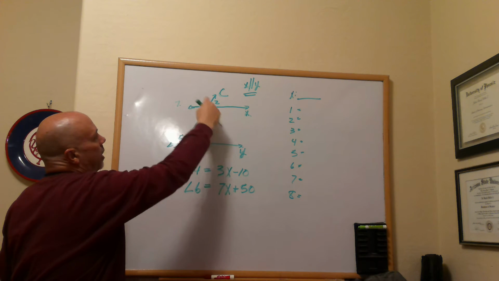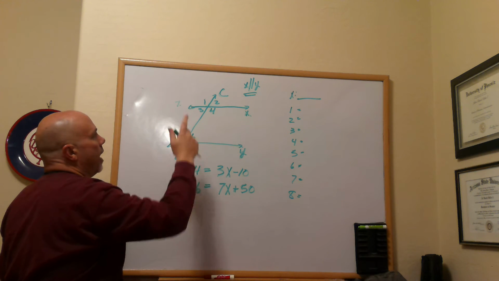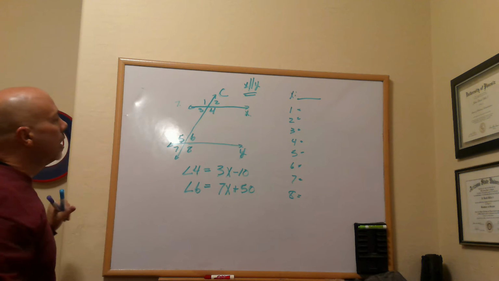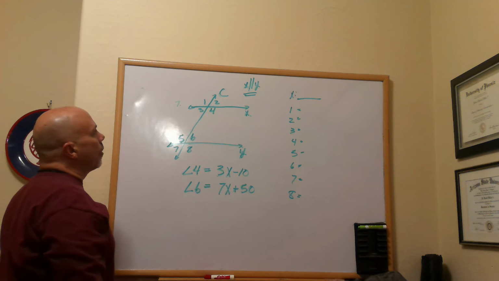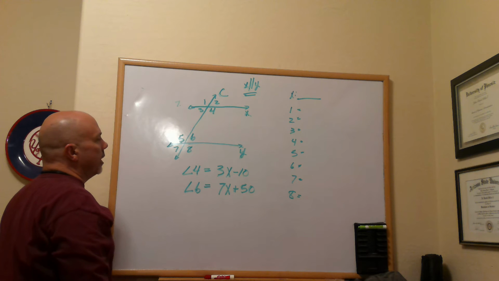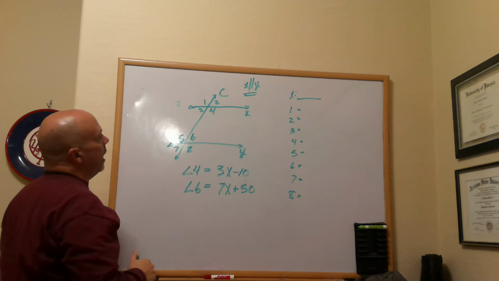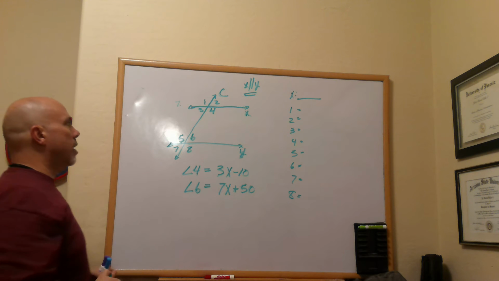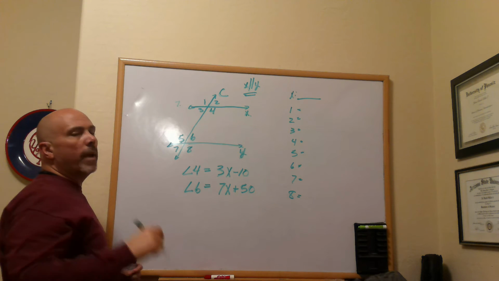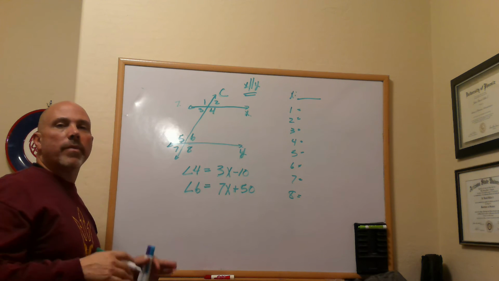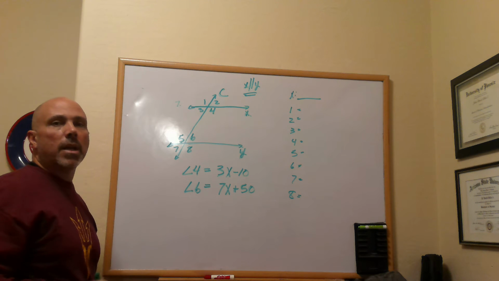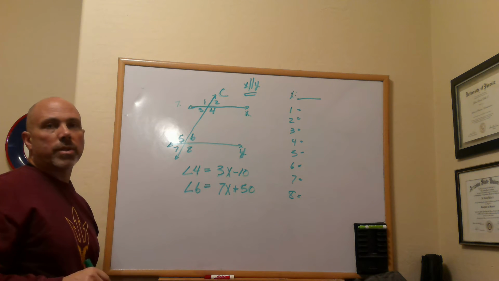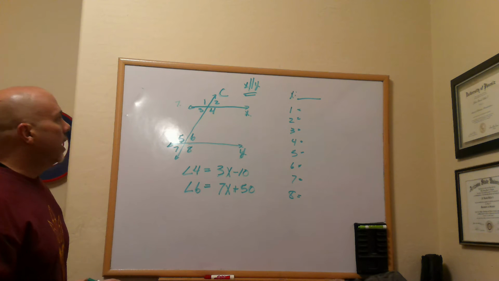That goes for 1 and 4 as well, because 5 and 1 are corresponding angles, and 8 and 4 are corresponding angles as well. And as we know, corresponding angles are also congruent. So make sure you pay attention to the bottom half of the first side of that sheet, and check your answers versus the answer key.